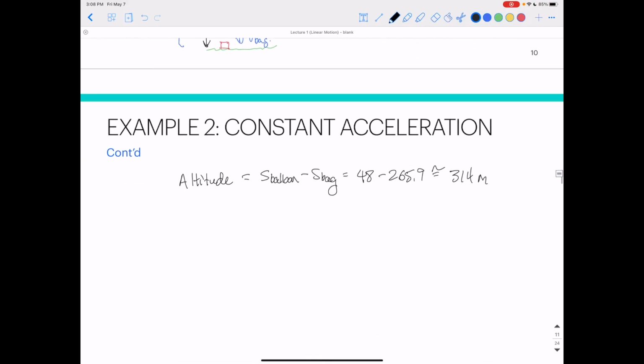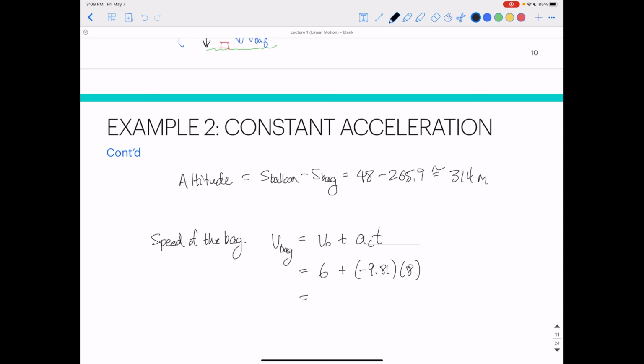The last question we need to answer is to find the speed of that sandbag. We can use our other equation of motion for constant acceleration to find the speed of the bag. We'll call this v of the bag, and that's equal to v0 plus acceleration term times time. We know v0 was 6 meters per second, our acceleration is negative 9.81, and our time is 8 seconds.